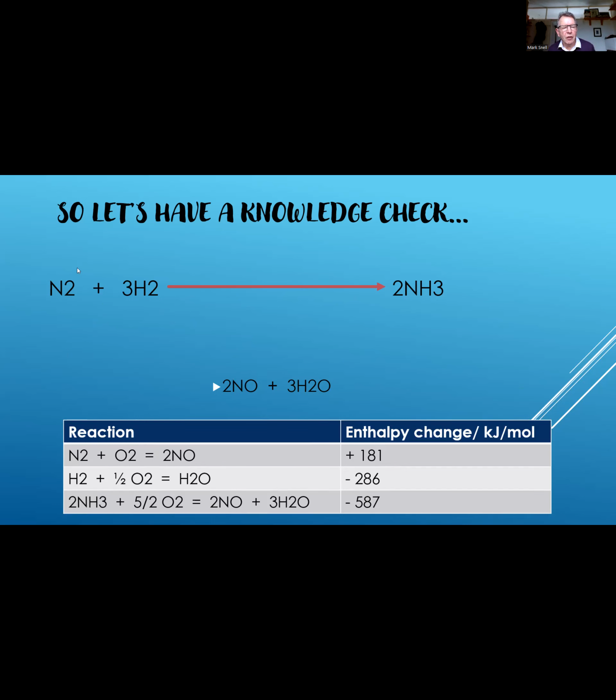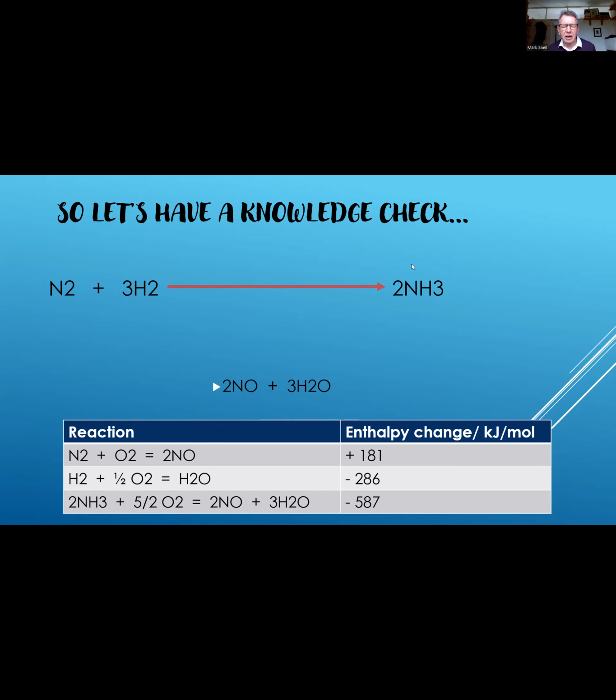In other words, from top left, down to the 2NO down here. So from N2 to 2NO, that one will be 181.